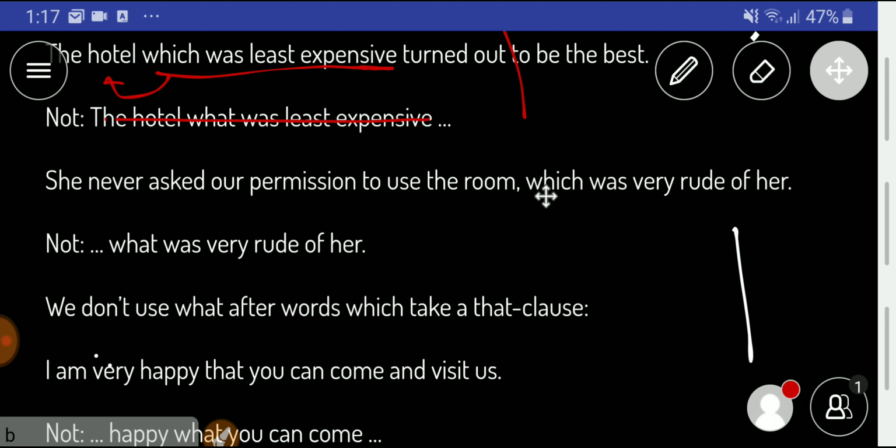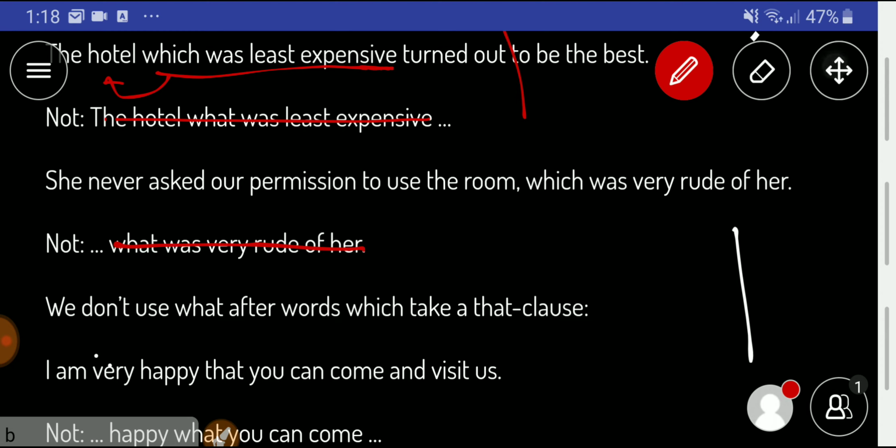We cannot use what here, right? We always have to use which if we want to refer to a noun, right? So we cannot say what was very rude of her, because what can't be used as a relative pronoun.